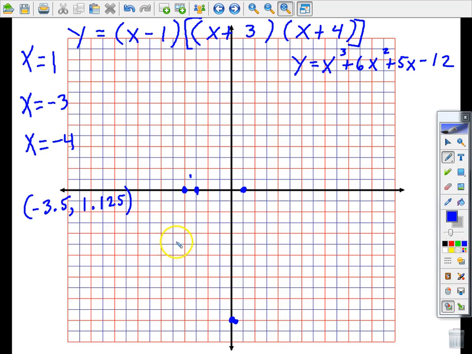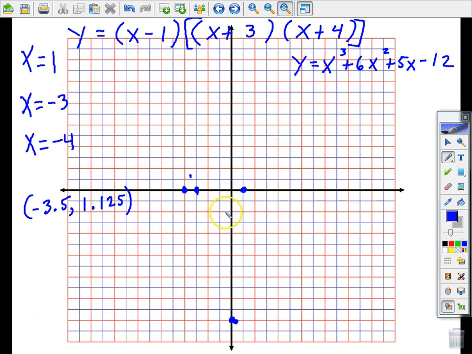Okay? Now, I want to know what happens from my graph in between this x-intercept and my y-intercept. So this range where I don't really have anything, I don't know what the graph is doing. I want to know what happens in between this range of numbers from -3 to 0.